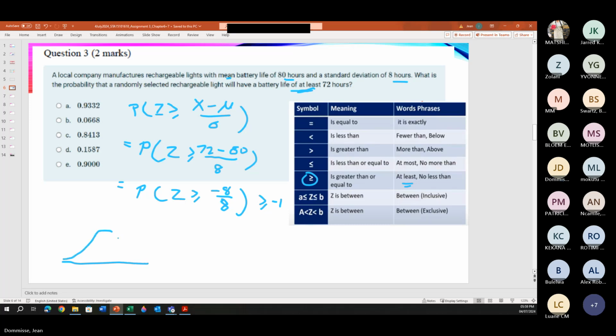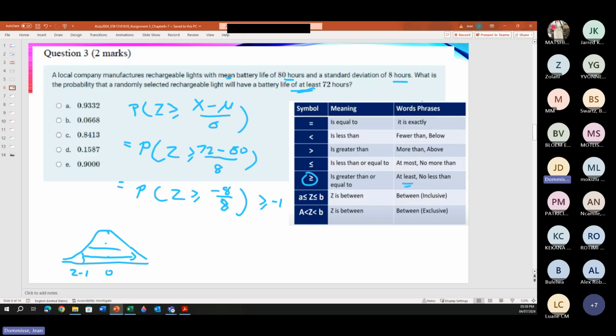Okay, so let's do that. So we know that is Z0, Z minus 1. So it's a probability that Z is bigger or equal to minus 1. So it's that bigger area.